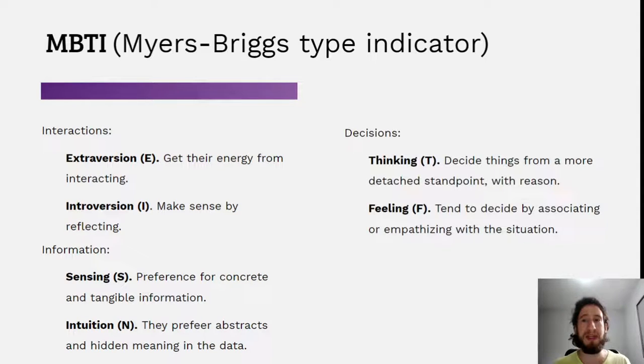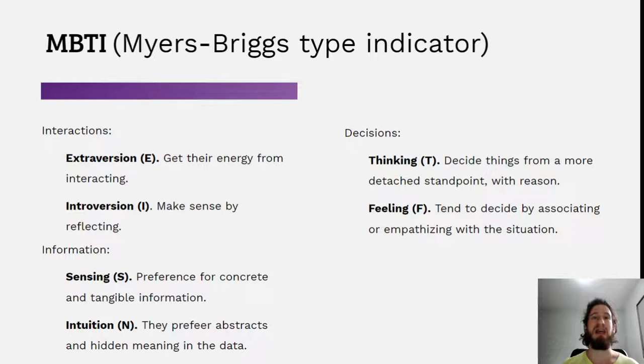The third one will be decisions, whether you prefer to reason your way out of a process by being more detached from the situation, or you tend to decide by empathizing with the situation, right?